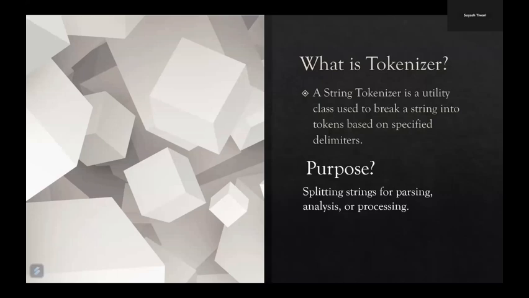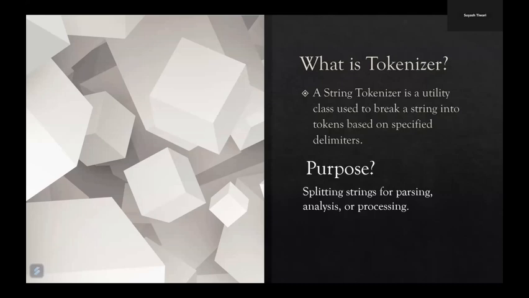So now first of all, we'll see what actually a tokenizer is. A string tokenizer is a utility class used to break a string into tokens based on specified delimiters. It was meant to split the strings given to a program so it can evaluate and work upon them.